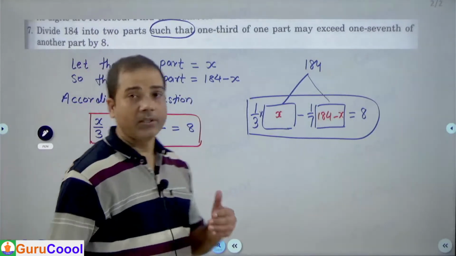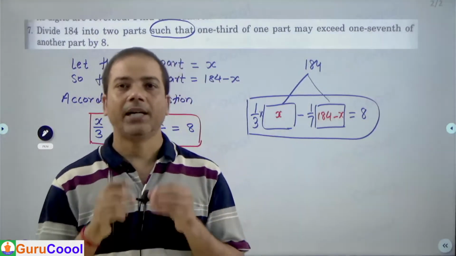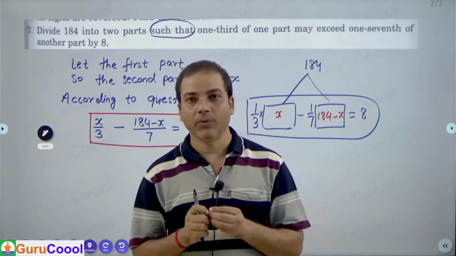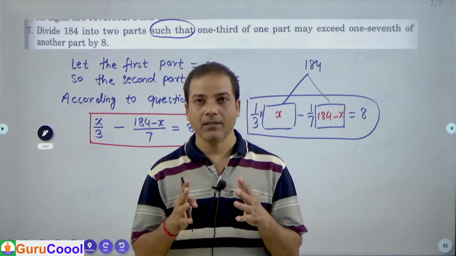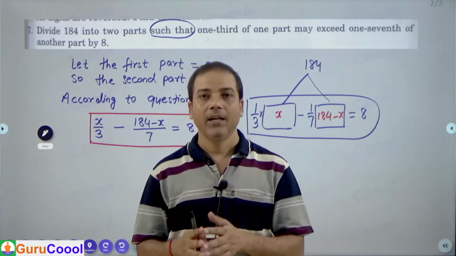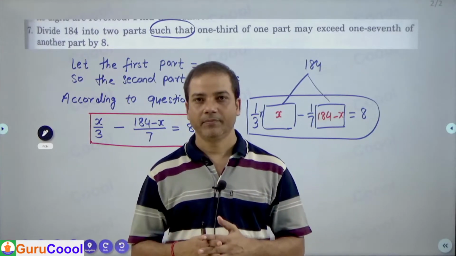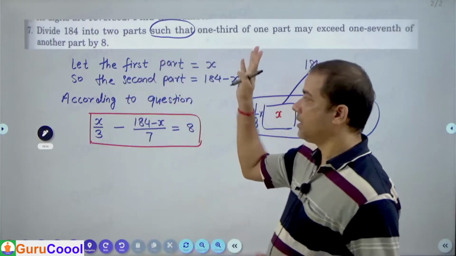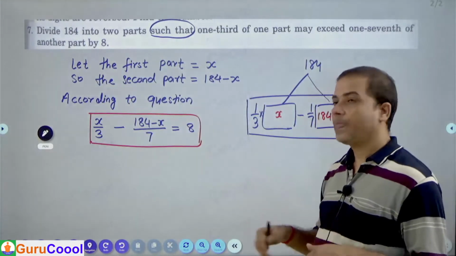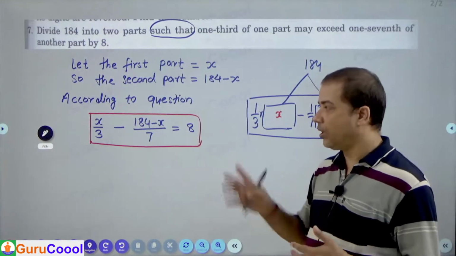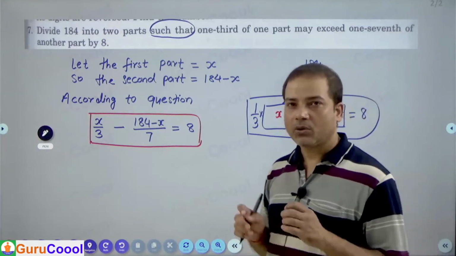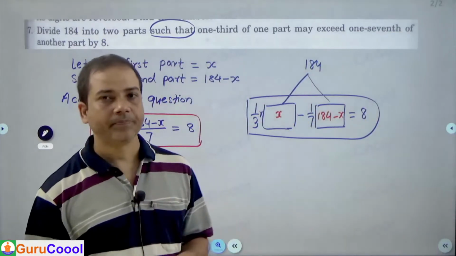So first set up the equation, then solve it. Setting up the equation is your first task. If you do the first task, then you move on to the second task. First task is done, equation is set up. Now the second task is to solve. I think solving is easier, right?